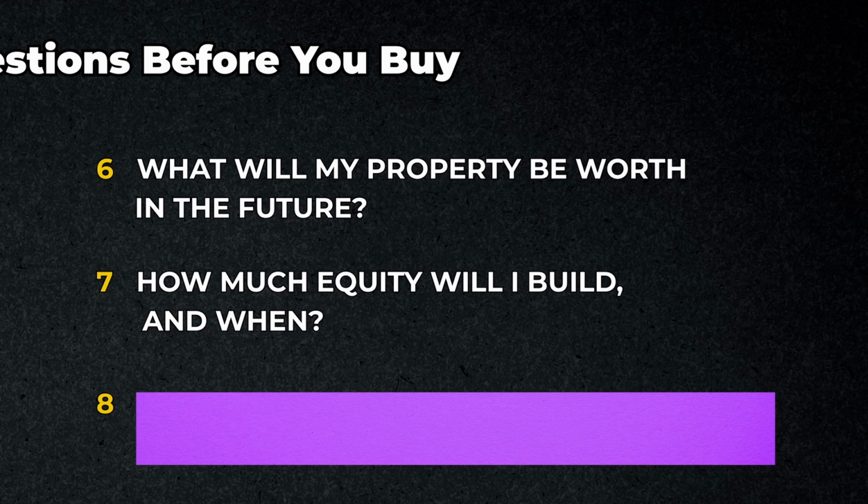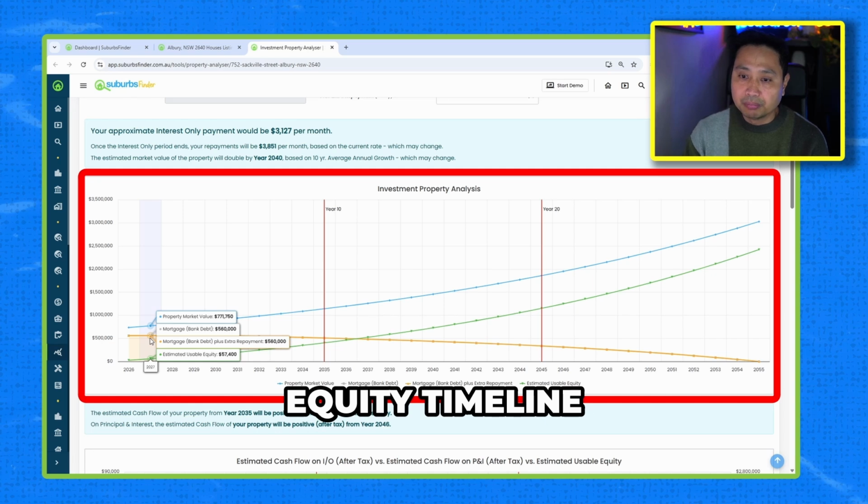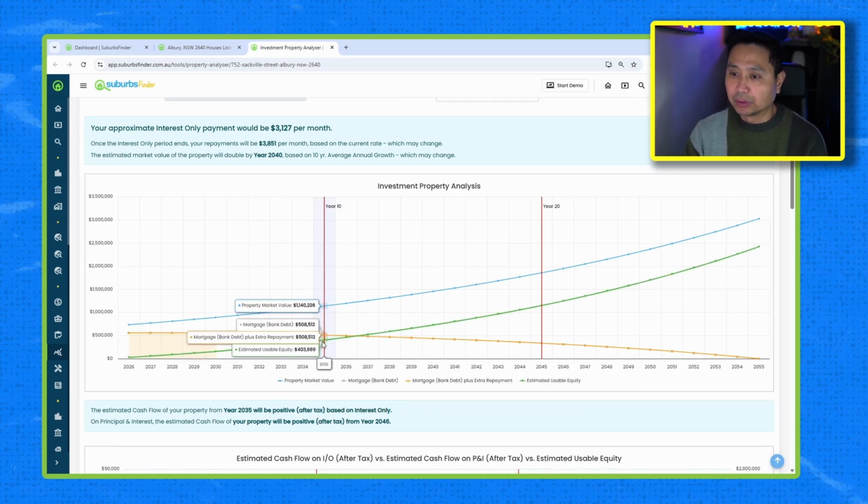How much equity will I build and when? So going back to our charts, we can see here the estimated usable equity year on year. This helps us plan for equity release, reinvestment, or refinancing strategies.